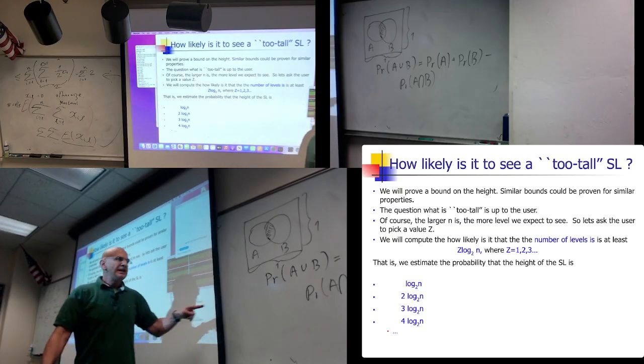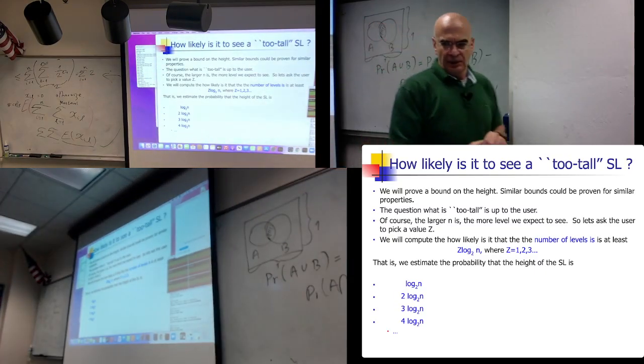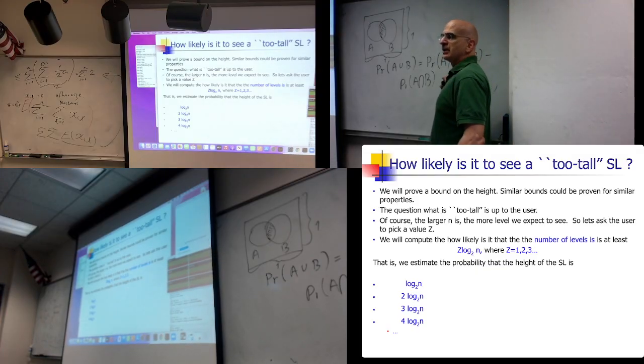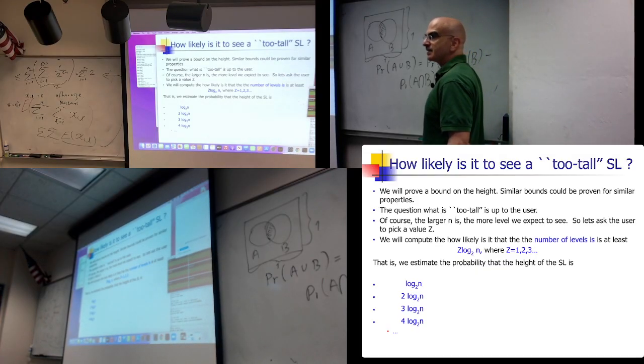But this formula will turn out to be way too complicated for us. Why? Because we don't have only 2 events, we will have n events.